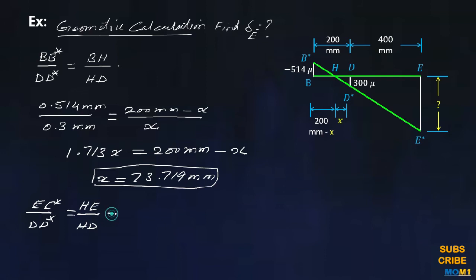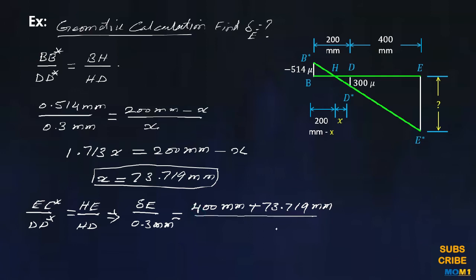E star basically is the deflection at point E, D dash is 0.3 millimeter, equals, this HD is going to be 400 millimeter plus 73.719 millimeter upon 73.719 millimeter.